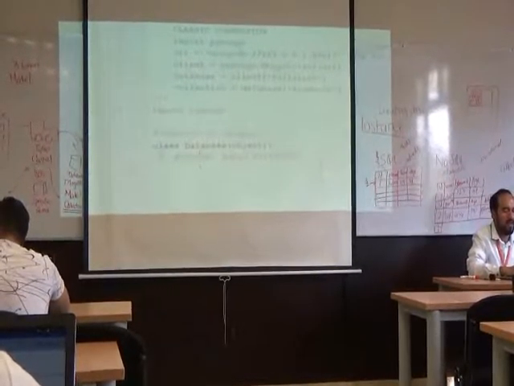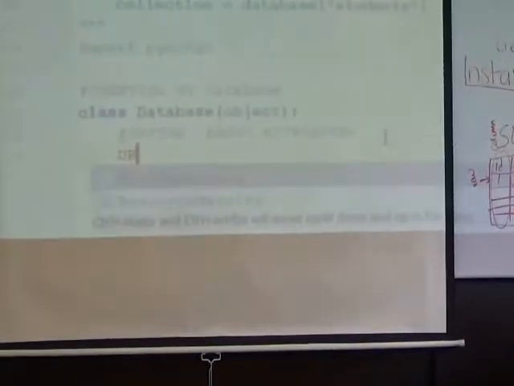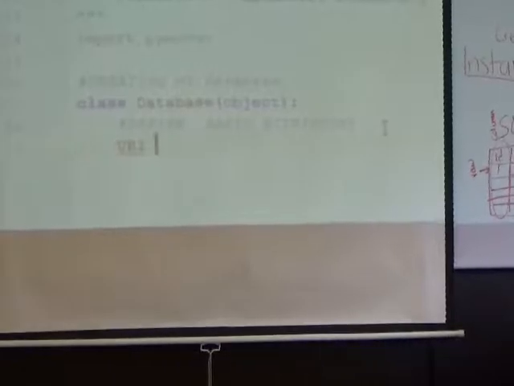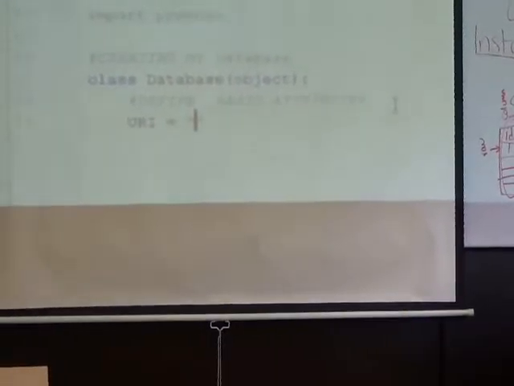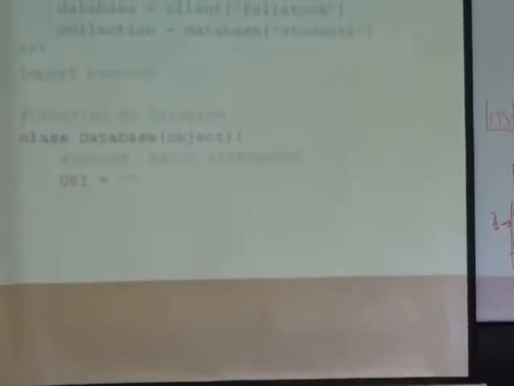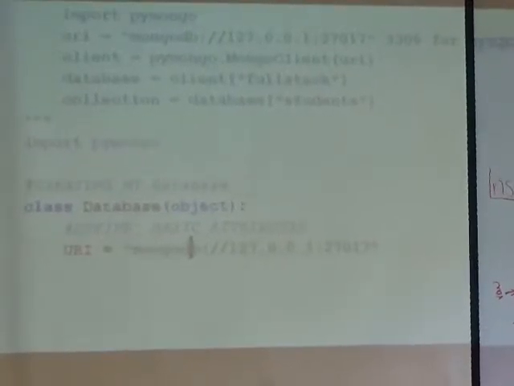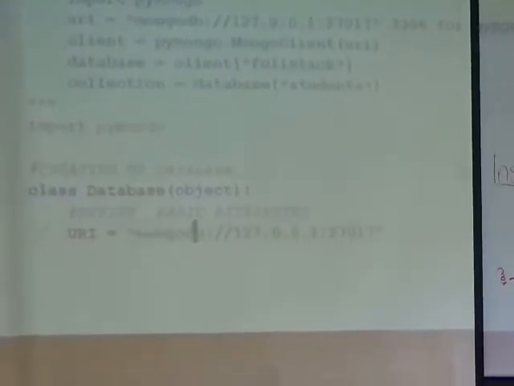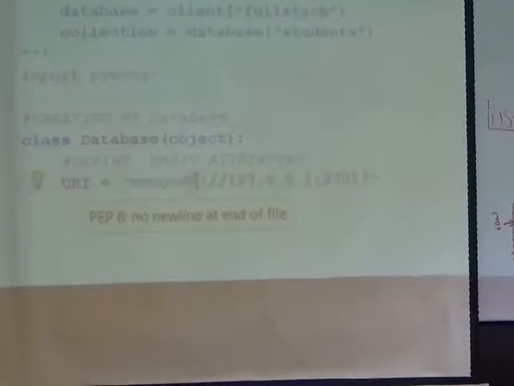So I'm going to define those as URI in capitals. Okay. The URI will be the same as this one, the MongoDB. And you make a mistake in here because sometimes you put MongoDB with a D, which is Spanish, base de datos, but in English it is the opposite, DB, database.